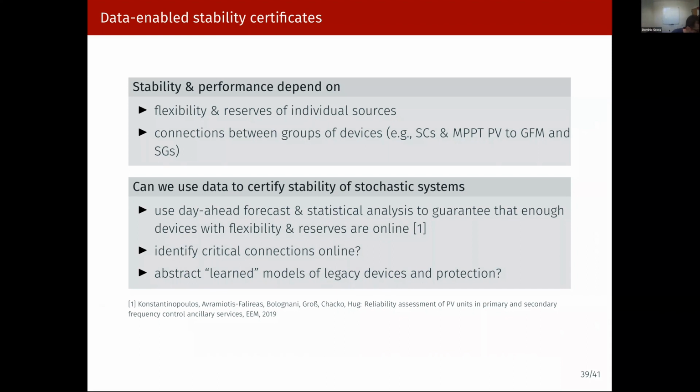I would say physical reduced order models with learned parameters, just because I have no idea how to do this type of analysis within completely unstructured models.